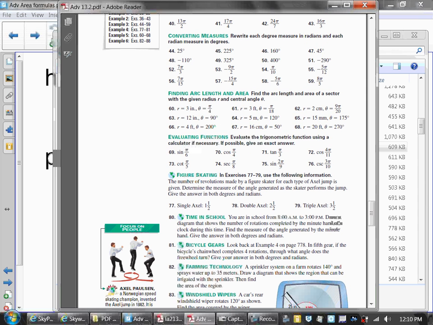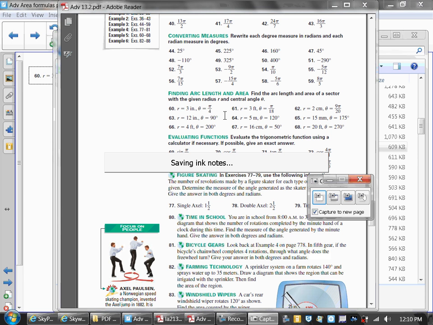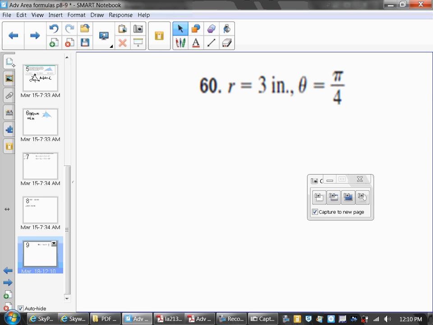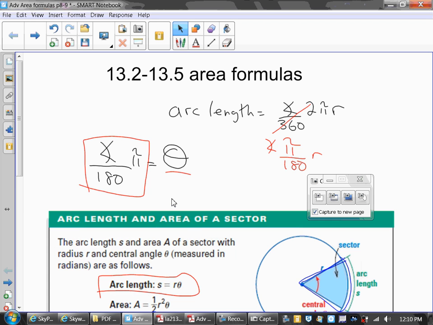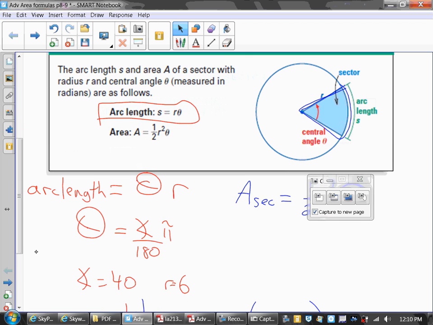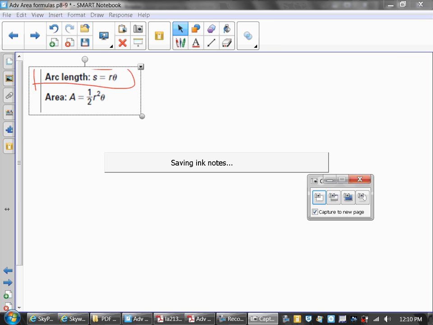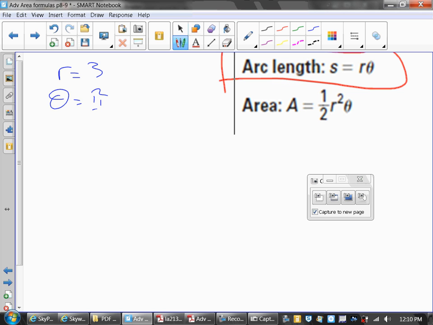Radius is 3, theta is pi over 4. Find the arc length and the area. So, radius is 3, and theta is pi over 4.